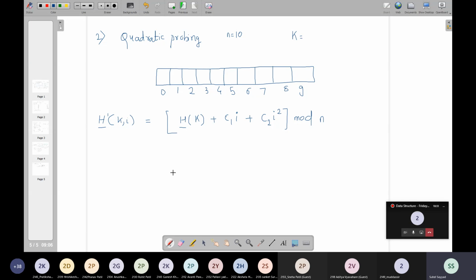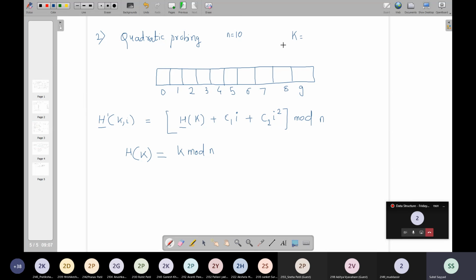H is my base hash function, which in this case is h of k, which is nothing but k mod n. What is n, my dear students? N is the number of slots. What is k? K is the input key value.